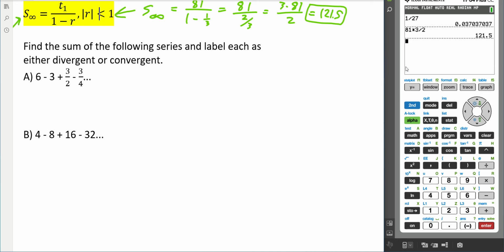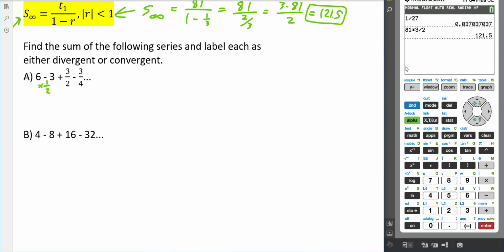Pause the video at this point, try it out for yourself, and then press play and see if you get the same answer I do. First thing you have to do is figure out what is the ratio.